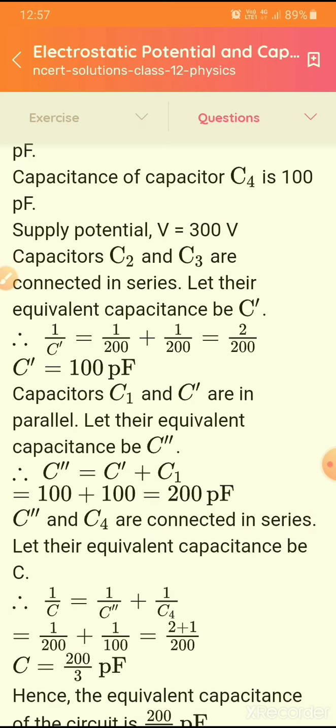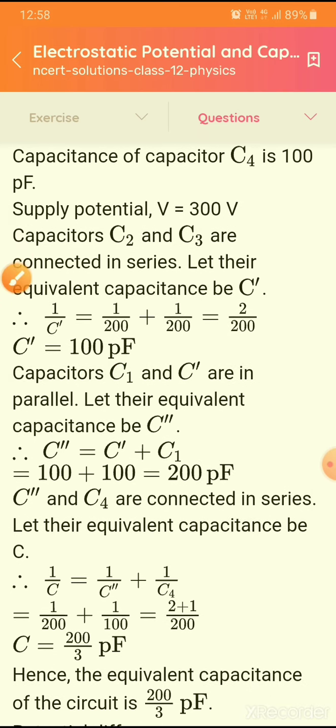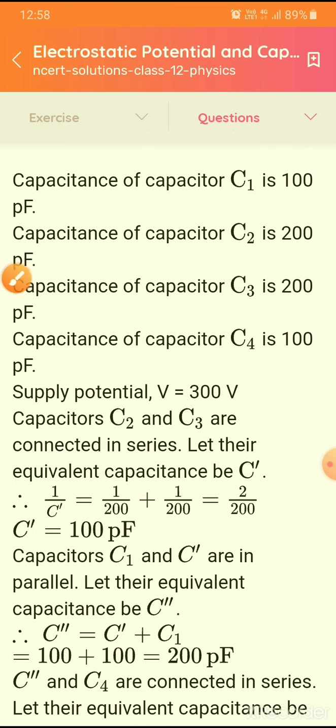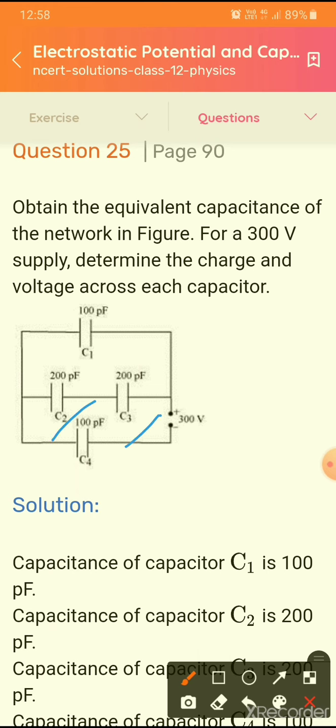C dash is 100 picofarads and C1 is 100, so combined together they give 200 picofarads. So C2 and C3 in series give C dash, and this C dash and C1 are parallel to each other, and combining these two gives C2 dash.